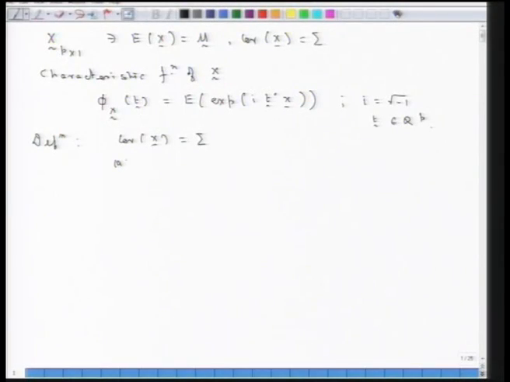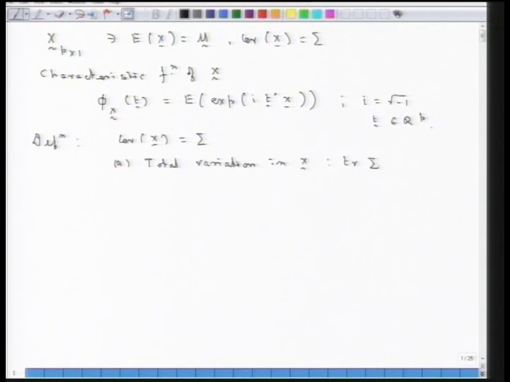Now, in order to summarize the information present in the covariance matrix, two quantities are defined. The first is the total variance or total variation in x, which is given by the trace of this sigma matrix.